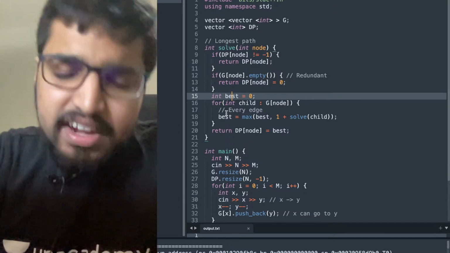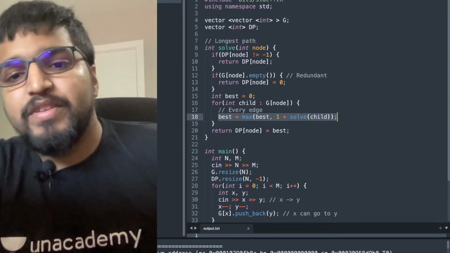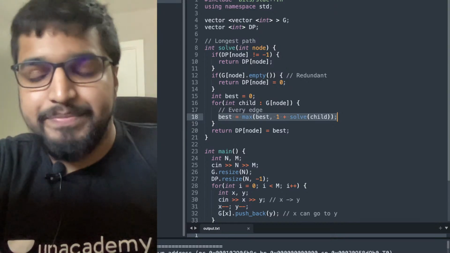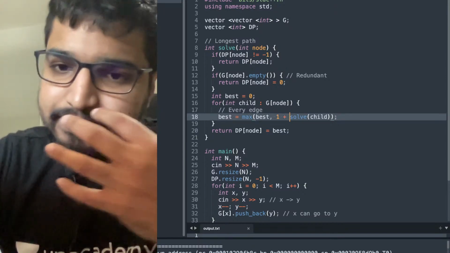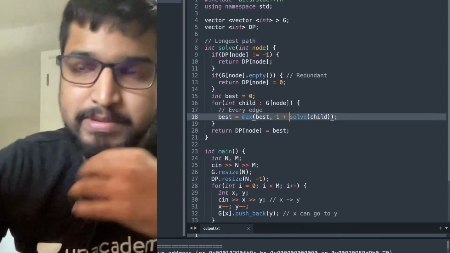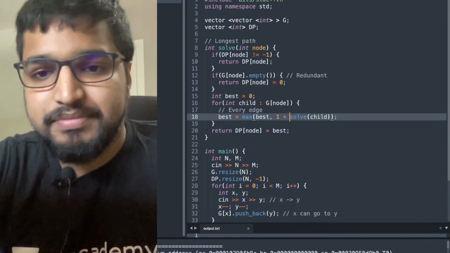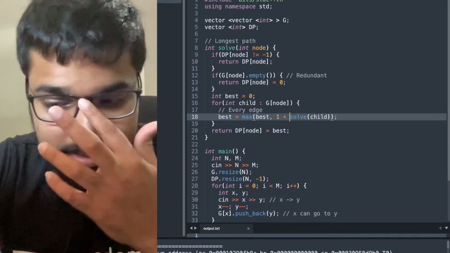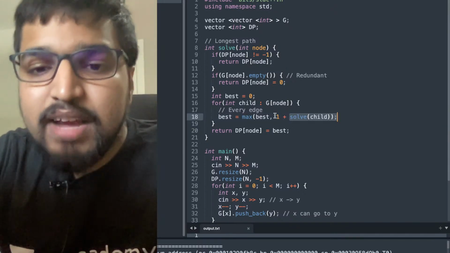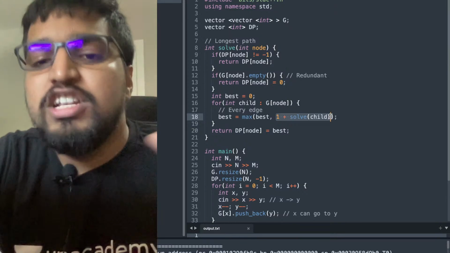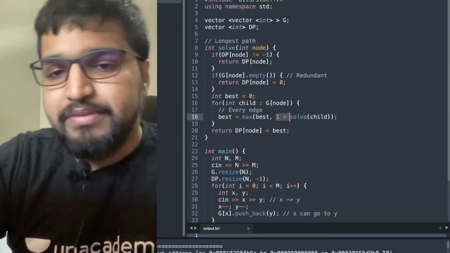Now, for each child, I calculate the longest possible path I can go from that child. Then it's 1 plus the longest, and you take the maximum over all children. You can add 1 at the end also, whichever is more convenient for you.